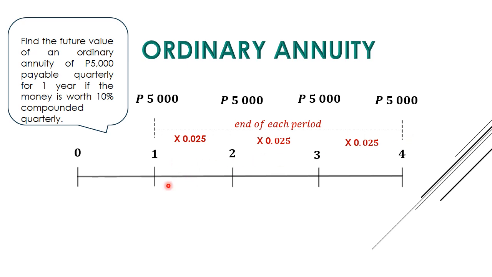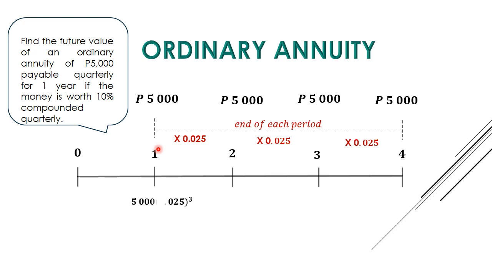So how can we solve for the value of the money for the first quarter? The 5,000 pesos that you paid here for the first quarter will not really reflect the exact amount of 5,000. Why is it? Because there is still interest on it in every period.